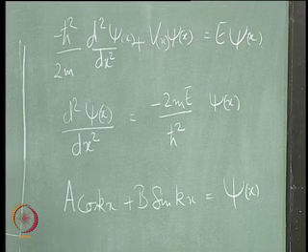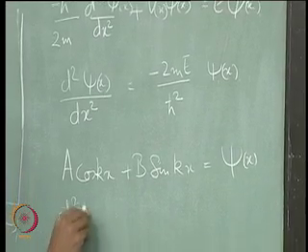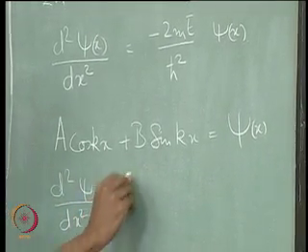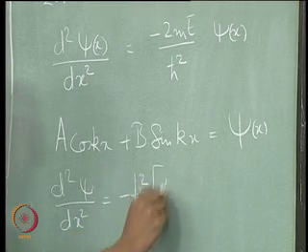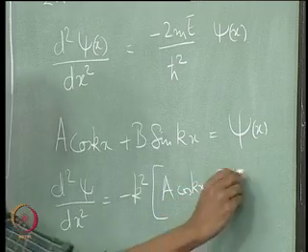So, we find that if you differentiate this twice, d square xi by dx square equals minus k square of xi of x, essentially a cos kx plus b sin kx.